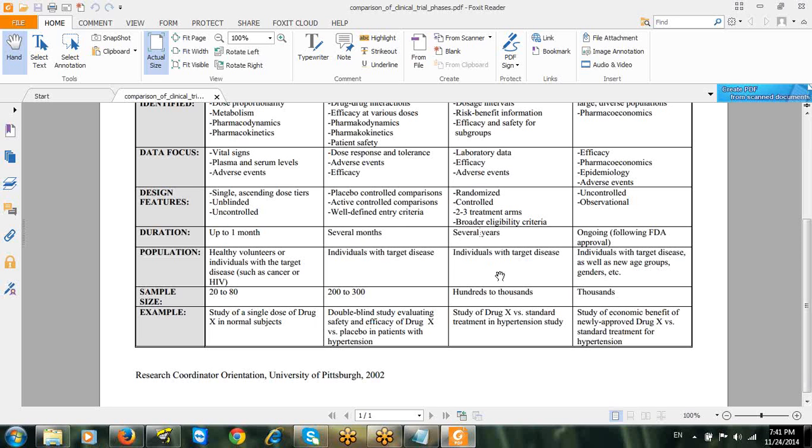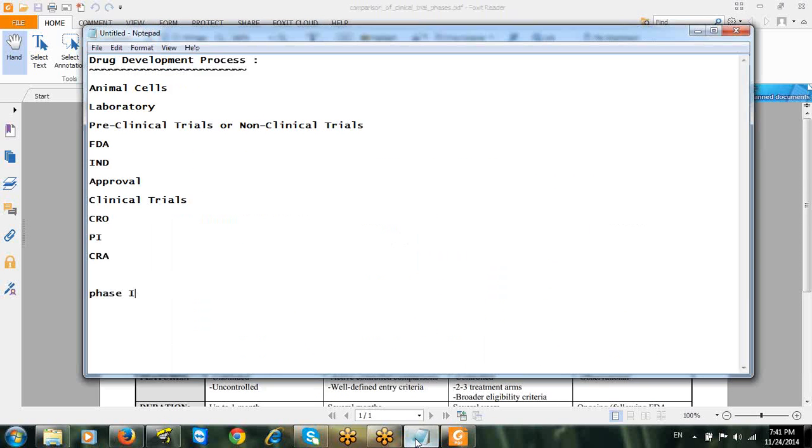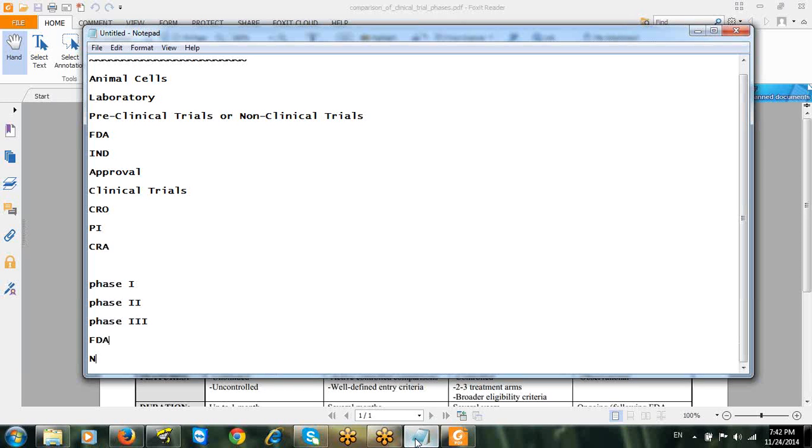It may be conducted for several years, and here the participants are individuals with target diseases, and the sample size is 100 to 1000. Once they are done with phase 3, then they have to send their research information to the FDA as an NDA, New Drug Application.